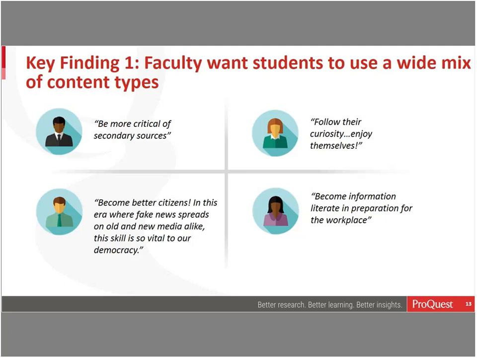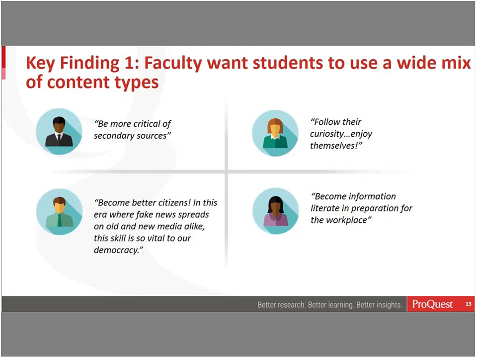Also, there's a nice one here about following their curiosity and enjoying themselves. Having access to many different types of information gives you those different viewpoints, allowing students to really immerse themselves in the question or the subject. On a really practical level, there's something about information literacy and becoming prepared for the workplace as well.